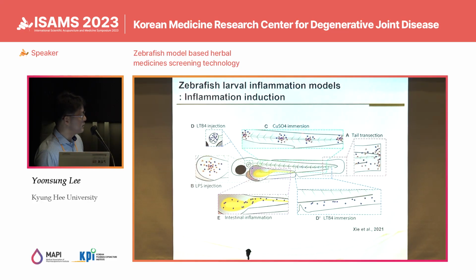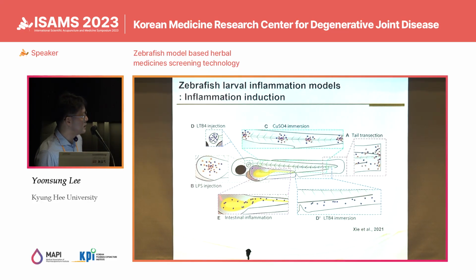They're using several types of drugs and chemicals, or direct injury such as tail transection, because the zebrafish has really high regenerative ability, and those injection or transection or injury models are also widely used.